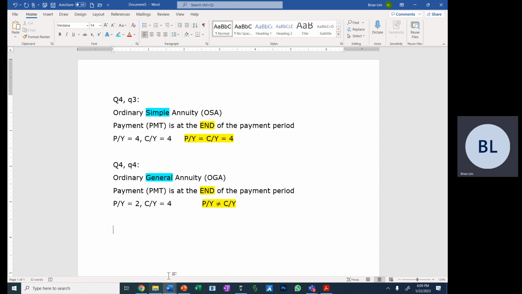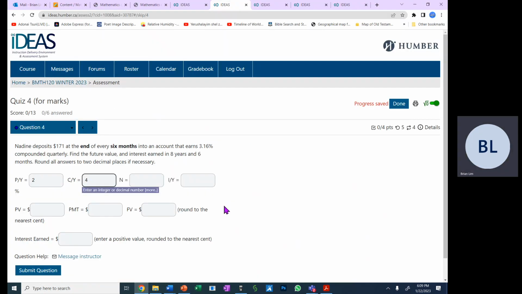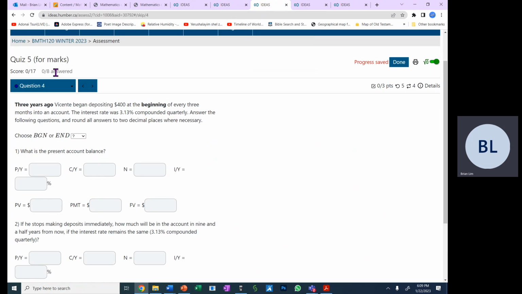Now an example of an annuity due is, let's go to the next one, and that is quiz 5, question 4. 3 years ago, Vincente began depositing $400 at the beginning of every 3 months into his account.